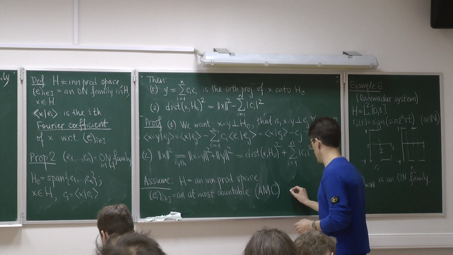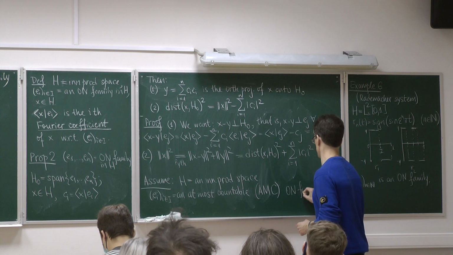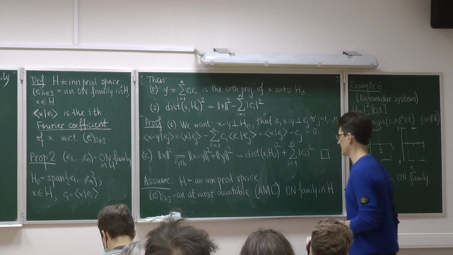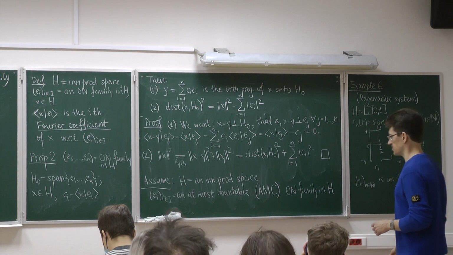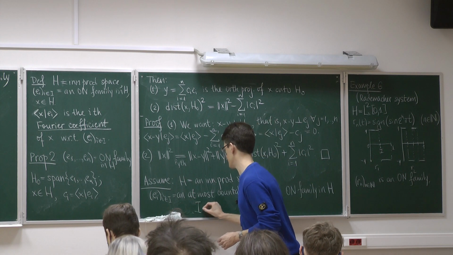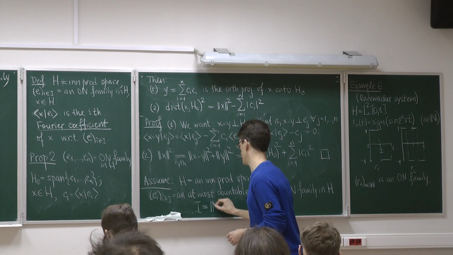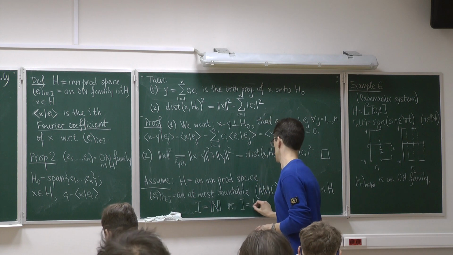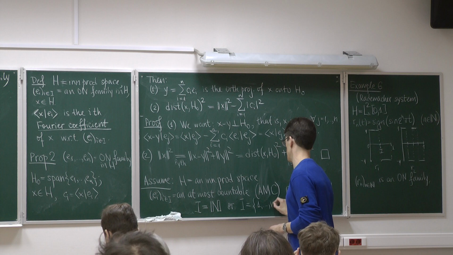Since it is at most countable, we may assume that I is either the natural numbers or the finite set of natural numbers from 1 to n.